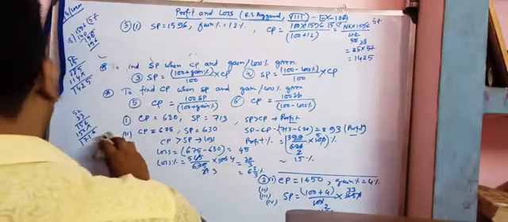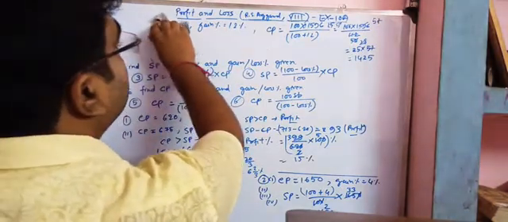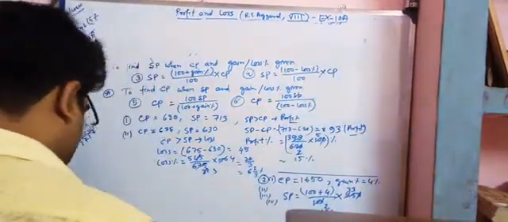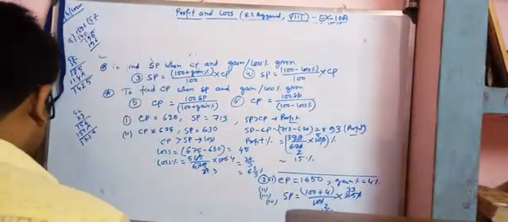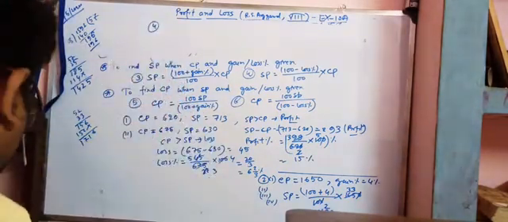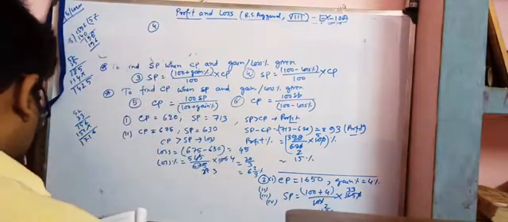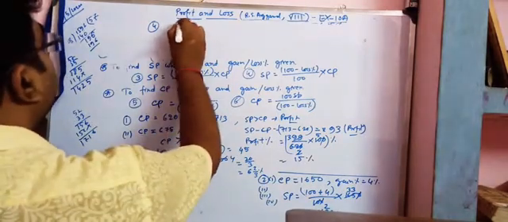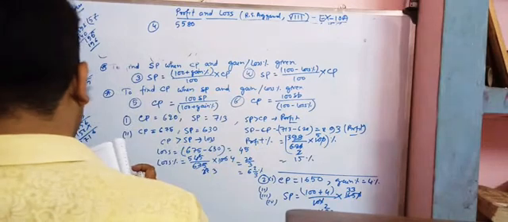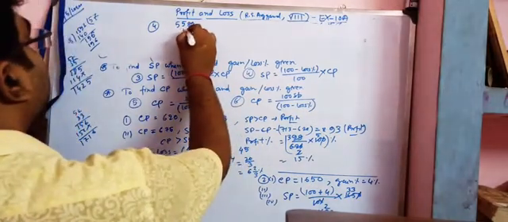This is question number 4. He bought the iron for rupees 5580 and paid again rupees 170 for that.